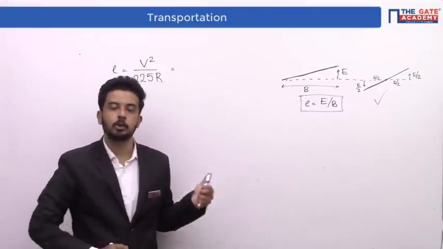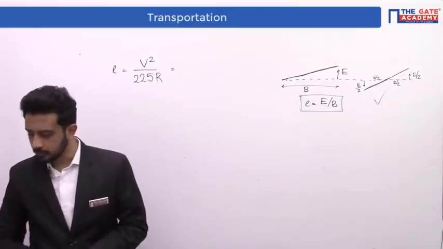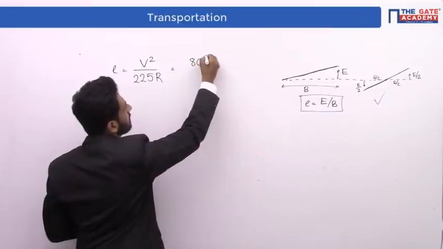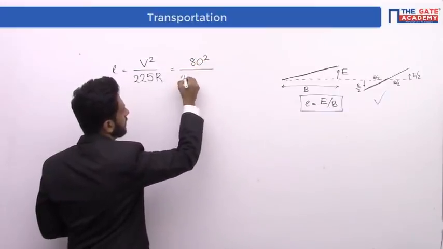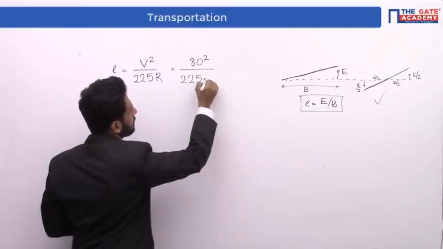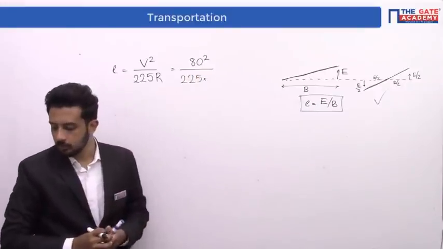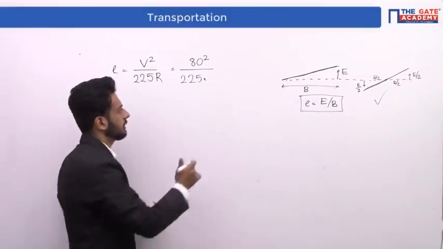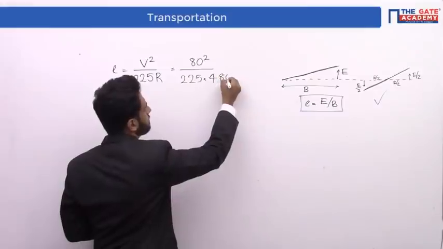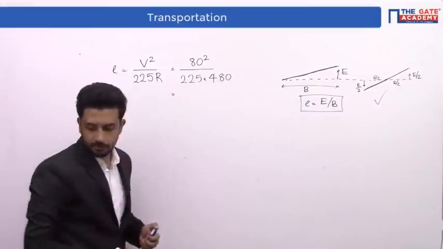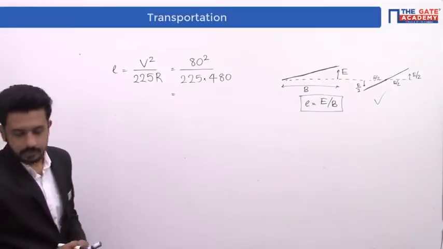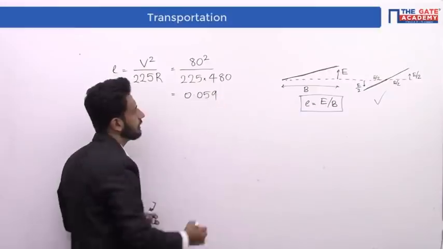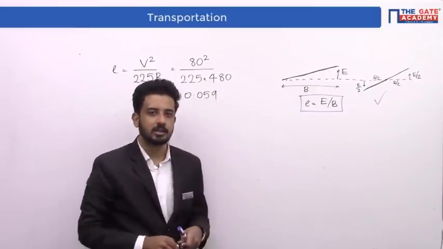V is in kilometer per hour. They have given the design speed as 80 kilometer per hour. So 80 square by 225 into radius of the curve. The radius is given as 480 meter. If you substitute the values, you will get E equal to 0.059.